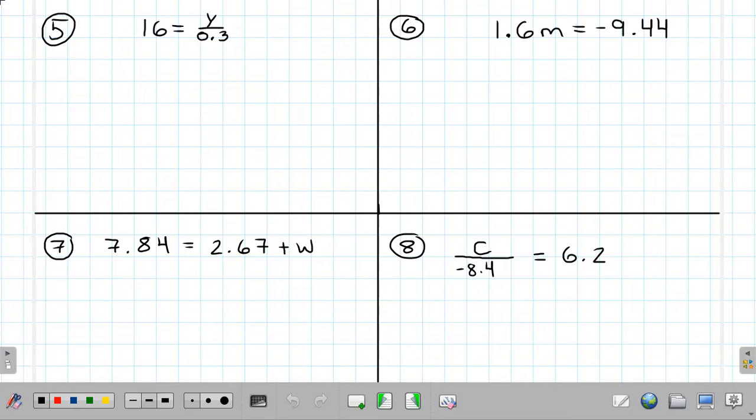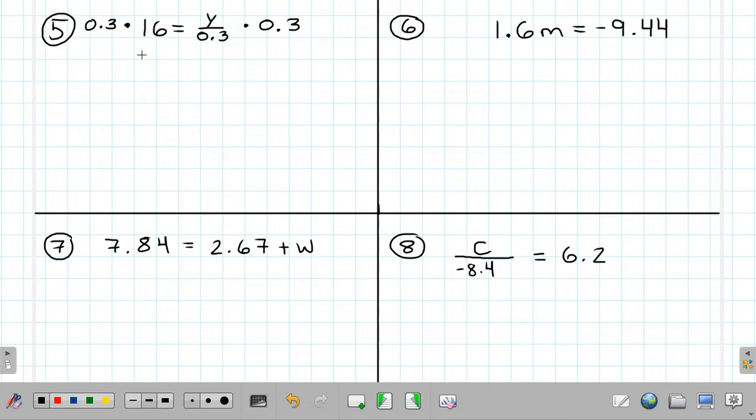So number 5, we have 16 is equal to y divided by 0.3. Well, y is my variable. I'm dividing it by 0.3. So that means I need to multiply by 0.3. But if I do it to the right-hand side, I've also got to do this to the left-hand side.